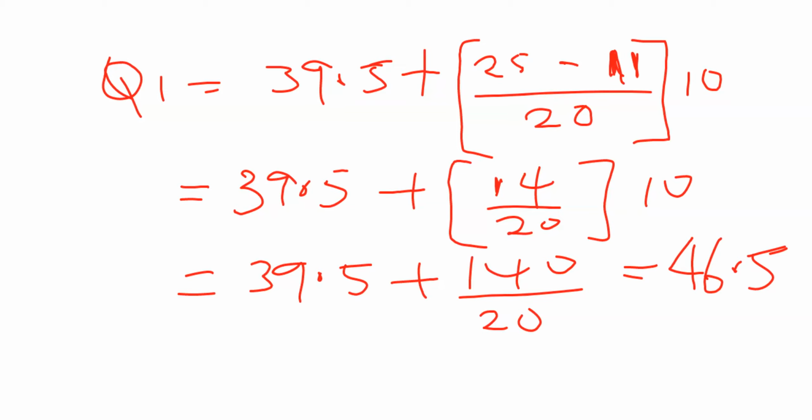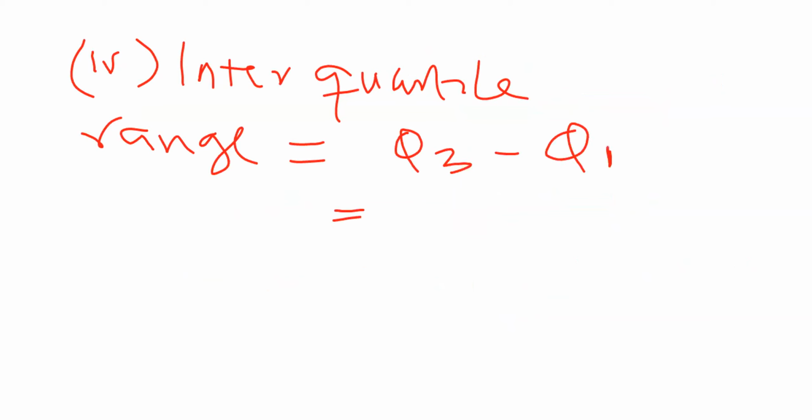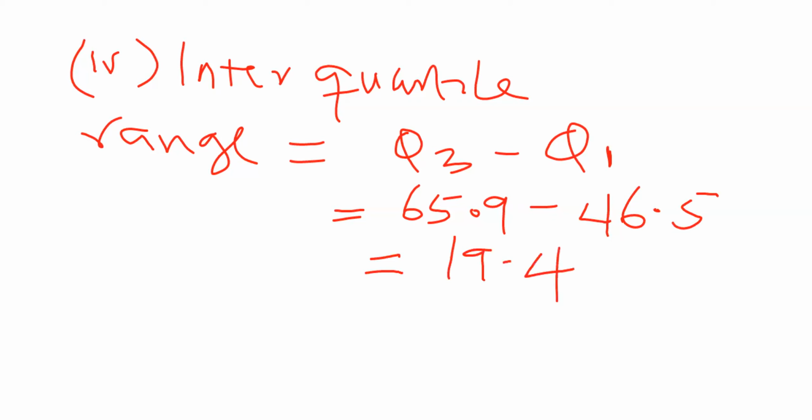Okay, good. Finally, with this one, Roman figure 4, the interquartile range is equal to Q3 minus Q1. And our Q3 is 65.9 minus our Q1, 46.5. And the result is 19.4.